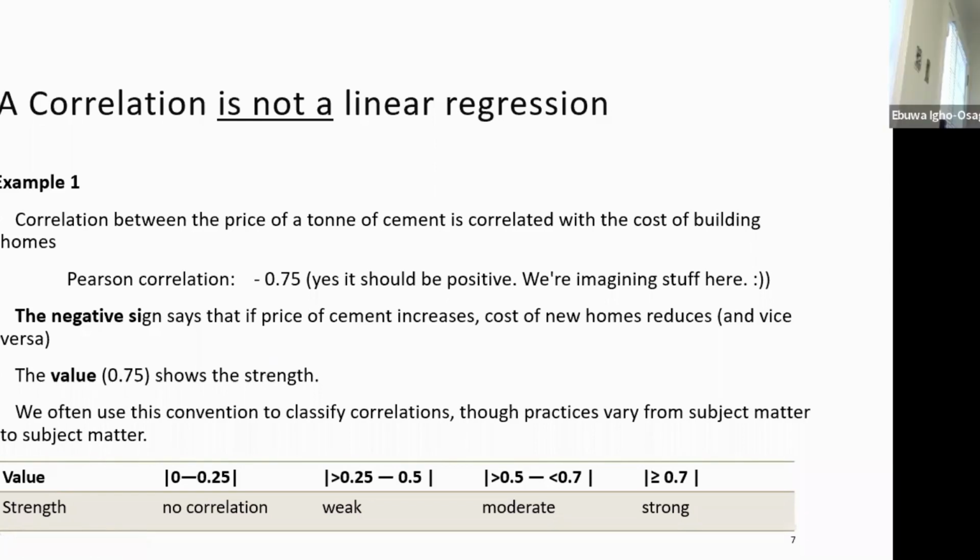And I know that this is a joke, right? But let's imagine that the sign was positive. You would say, government, if you want to solve the housing shortage in this country, reduce the price of cement. That is what you say. And you say why?